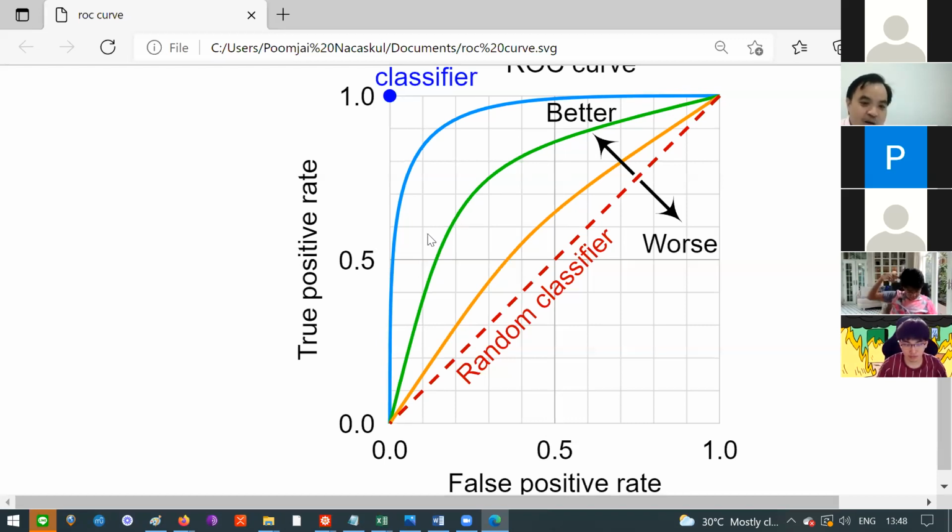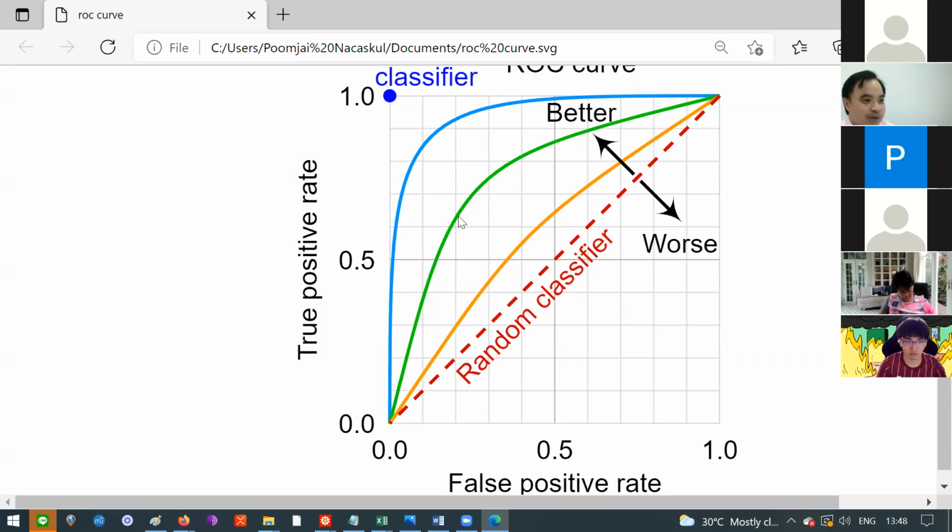So along the green line is the performance of one machine learning algorithm, but how you use it depends on how stringent you are. If you're more stringent, you're not likely to say positive. If you're less stringent, you're more likely to say positive. But it's always a trade-off. If you want more true positive, you get more false positive. If you want to reduce false positive, you also get less true positive. You can't get more without worsening the other.